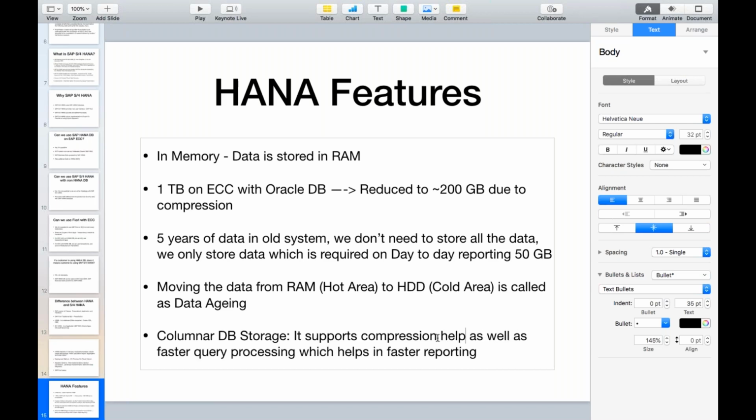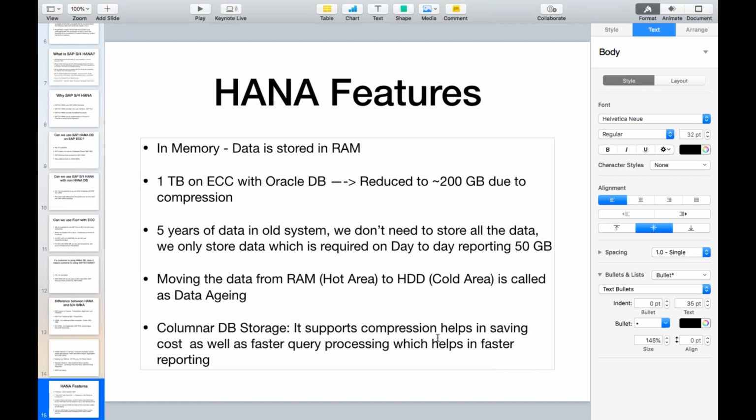Compression helps in saving cost, which is very important for the companies. They don't need much hard disk, they don't need much RAM. They will be able to save the cost of hardware. Okay, they will need less memory to store the data. Obviously, I'm not saying the memory is cheap. RAM is definitely costlier. But the thing is, you don't need that much RAM. You need only partial RAM.